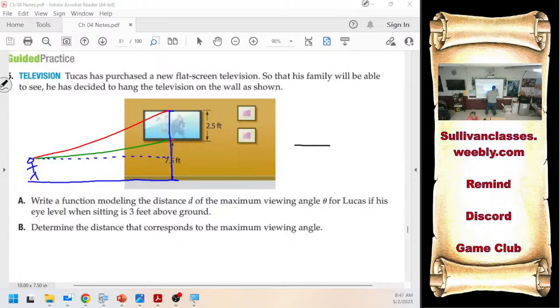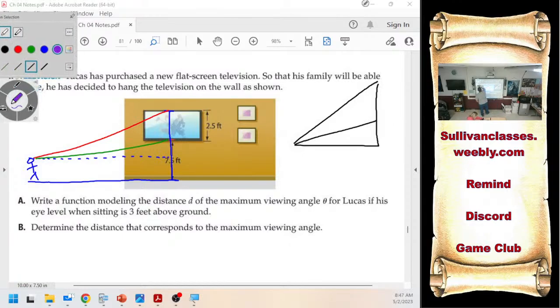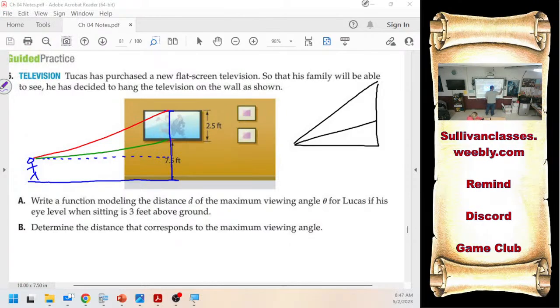Wrong one. That way. There we go. So the entire thing, how much vertical distance can Tuchus see?